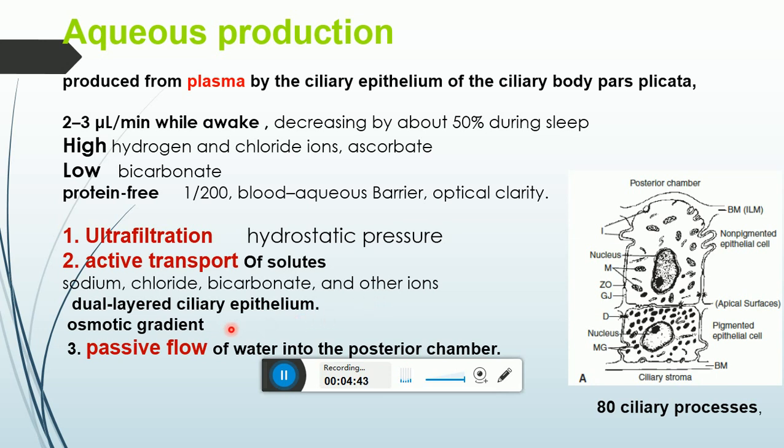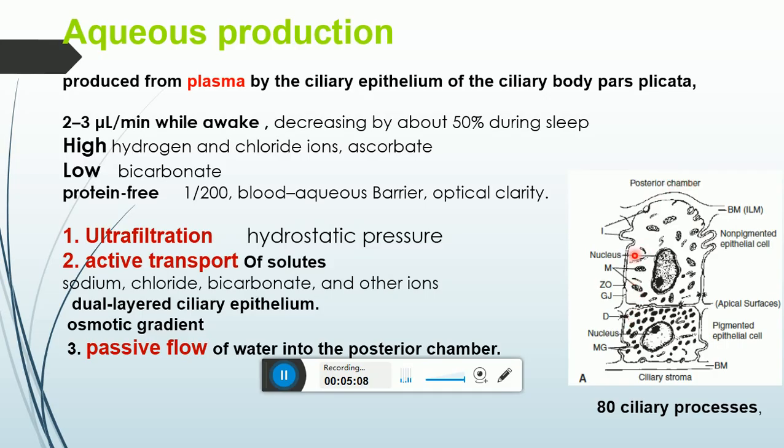This produces an osmotic gradient, and this then facilitates the passive flow of water into the posterior chamber. This is the posterior chamber. So here the osmotic gradient is established, which attracts water.